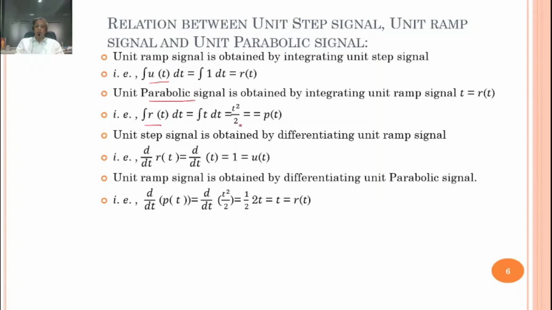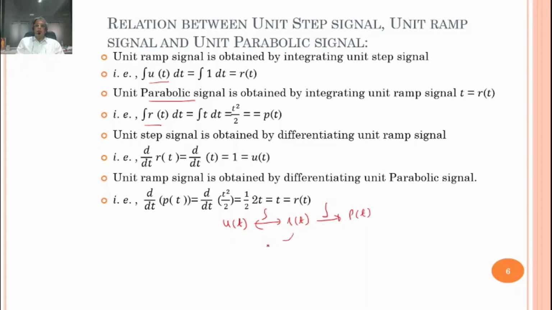If we integrate the unit step signal, we get the ramp signal, and if we again integrate this, we get the parabolic signal.